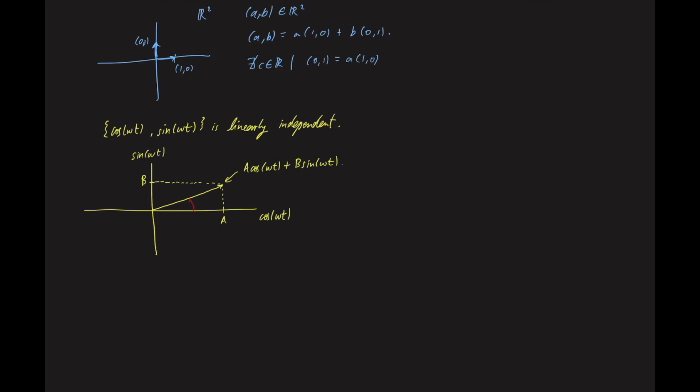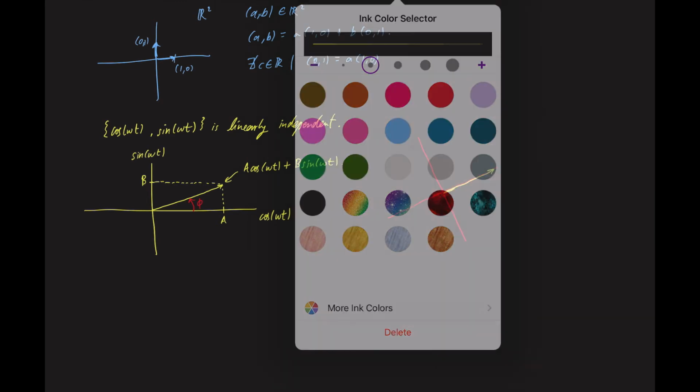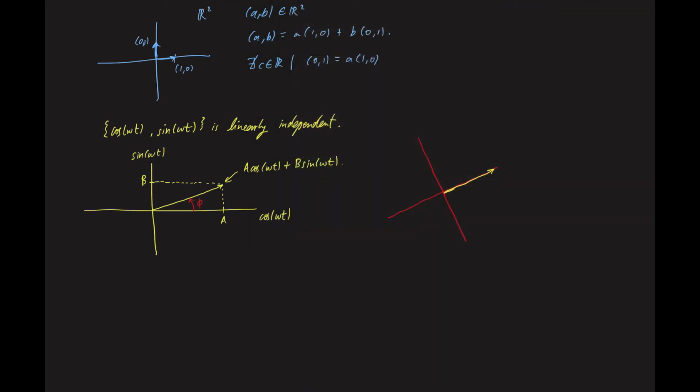If we were to rotate this space by some angle phi, well then what we would have is a new space that would look something like this. And our initial vector would lie on the horizontal axis of this space.